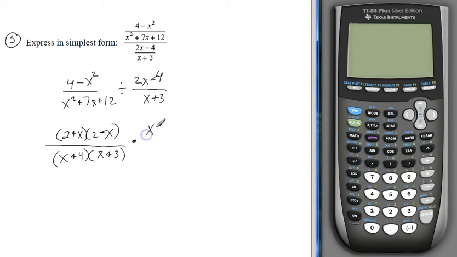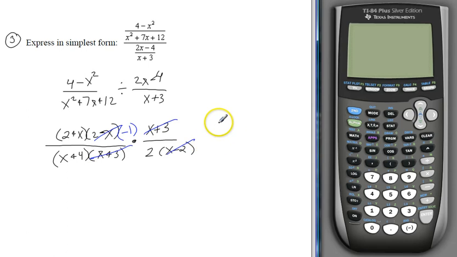So upstairs is x plus 3, and downstairs I take out a 2, and it's x minus 2. Now we can cancel. So x minus 2 cancels x minus 2, but it's a negative 1 trick. X plus 3 cancels x plus 3.